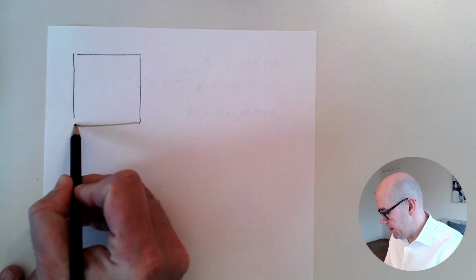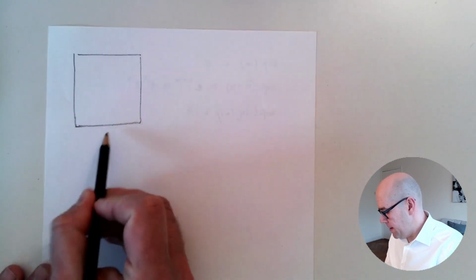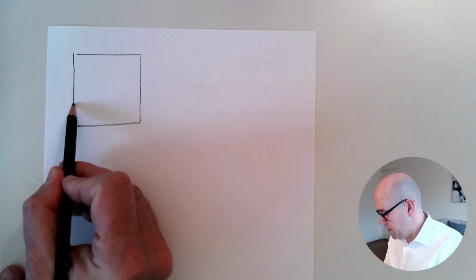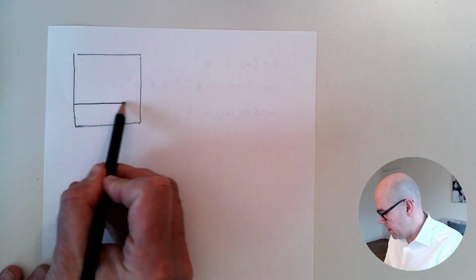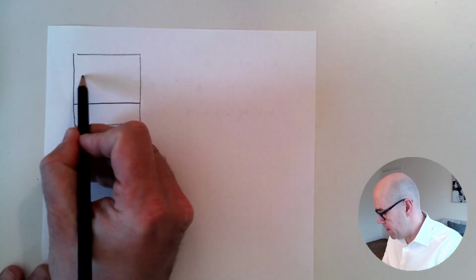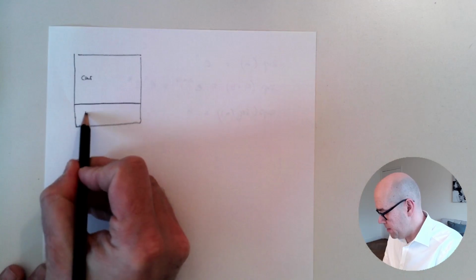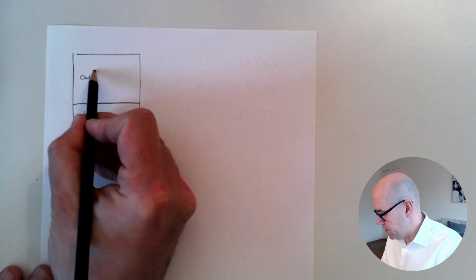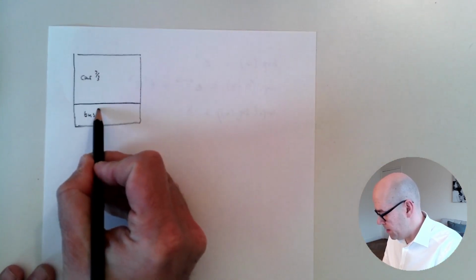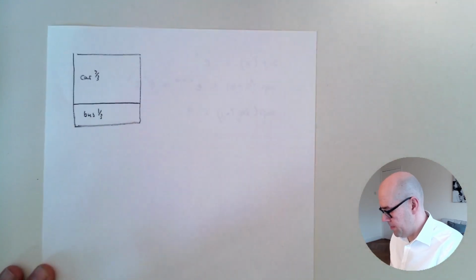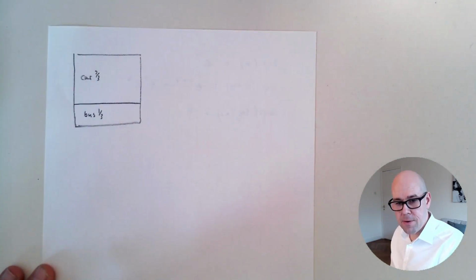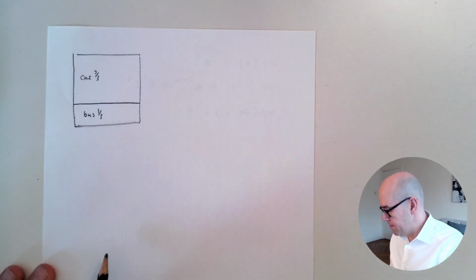So he said, let's say that 2/3 of the people are going by car. Okay, so this is car and this is bus. Okay, so this is 2/3 of the people. This is 1/3. Okay, so they choose either to go by car or by bus.